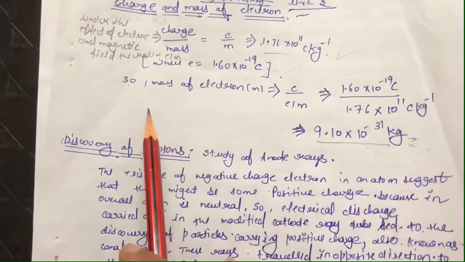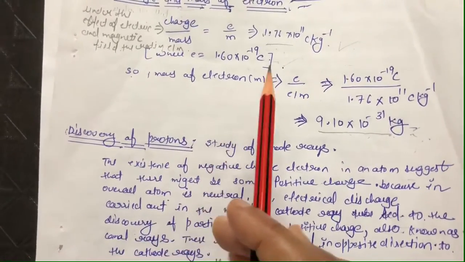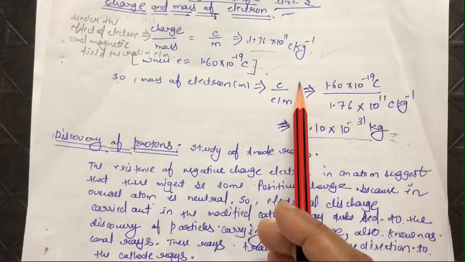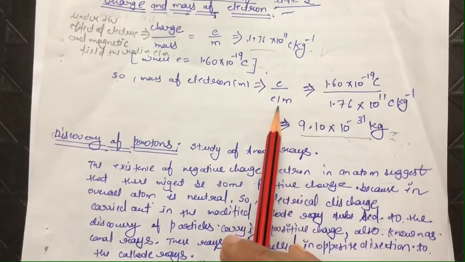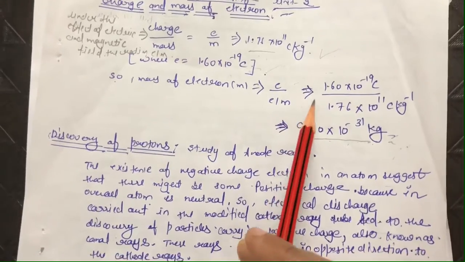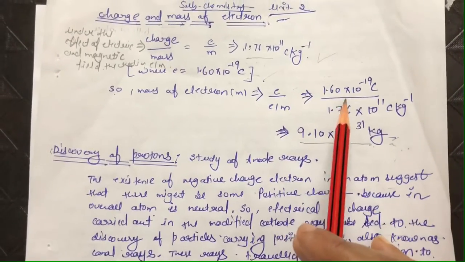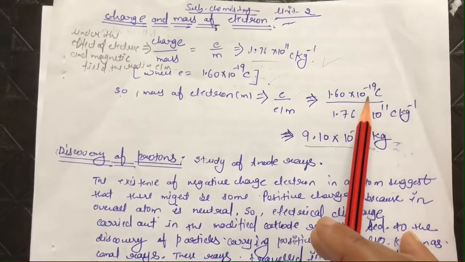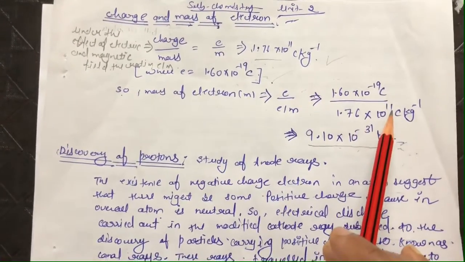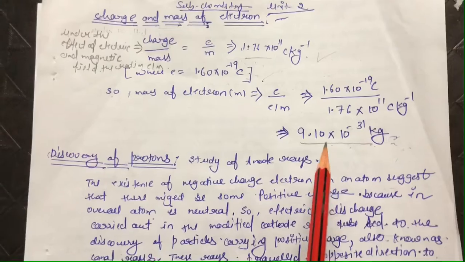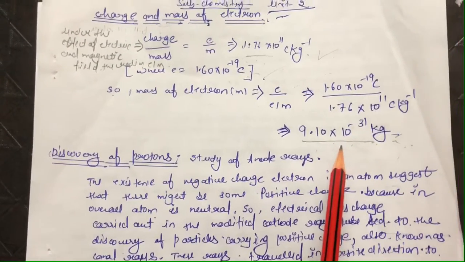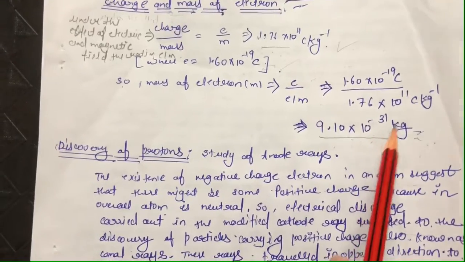Clear? So the mass of the electron we can calculate by taking the ratio of the charge on the electron to the charge-to-mass ratio for that electron. That is 1.60 × 10^-19 coulomb divided by 1.76 × 10^11 coulomb per kilogram, and the mass we get is 9.10 × 10^-31 kilogram.